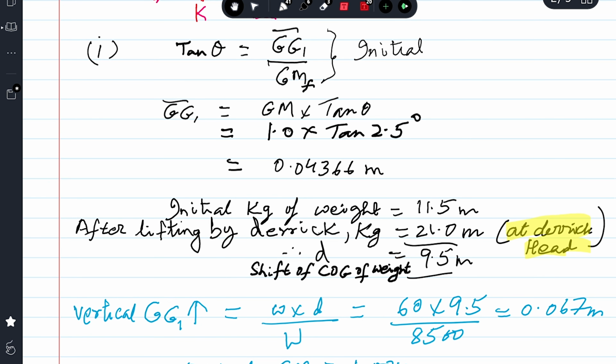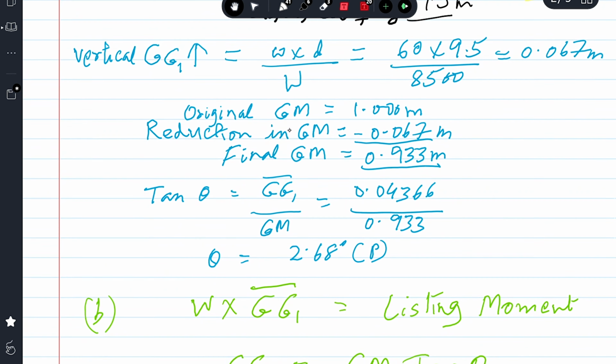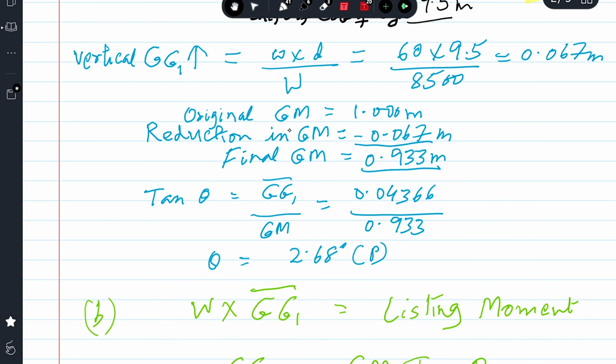GG1 is equal to GM tan theta. Initial GM 1 meter, initial list 2.5 degree. So transverse GG1 is 0.04366. So that GG1 will remain. The ship's center of gravity is off the center line. That is not changing because only the GM is changing and the list is changing.